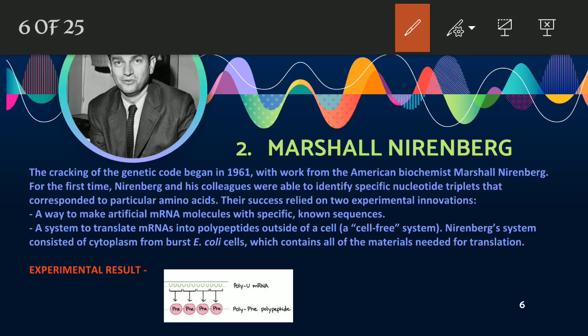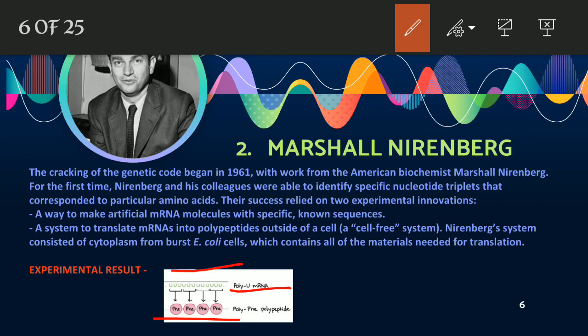First, Nirenberg synthesized an mRNA molecule consisting of the nucleotide uracil, which was known as the poly-U mRNA. When he added these poly-U mRNAs to the cell-free system, he found that the polypeptides made consisted exclusively of the amino acid phenylalanine. And because the only triplet in poly-U mRNA is UUU, he concluded that UUU might code for phenylalanine.